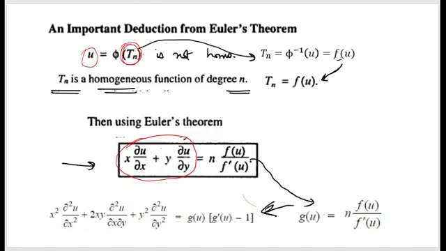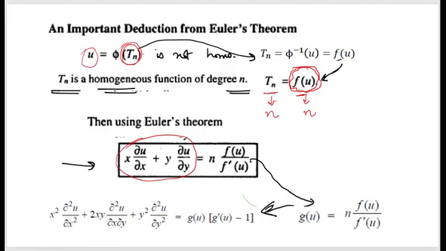This expression is homogeneous and its degree is n. So we can change this expression into a new one by transferring the function to the u side, and let's say this new function becomes f of u, because Tn and f of u are equal. Tn is homogeneous, so this will also be homogeneous, and its degree will also be n.